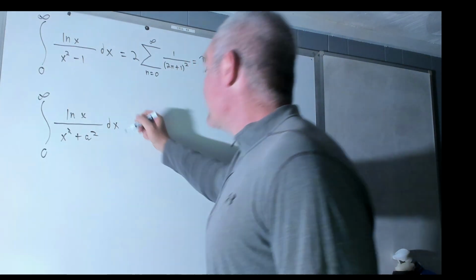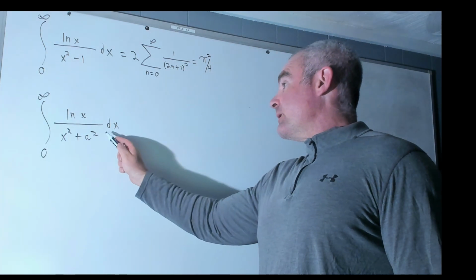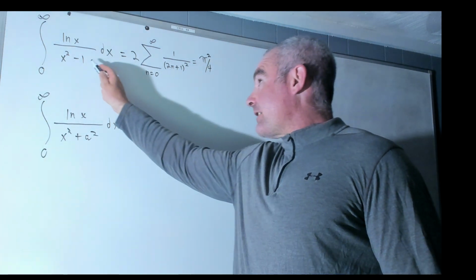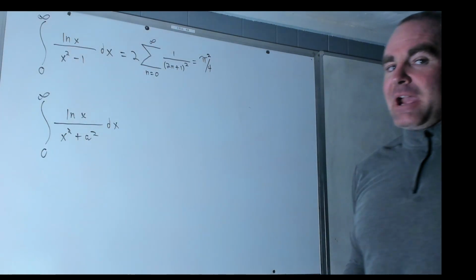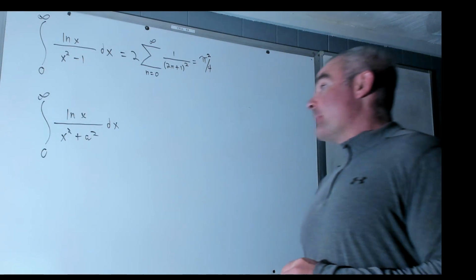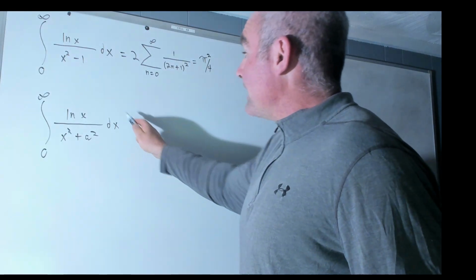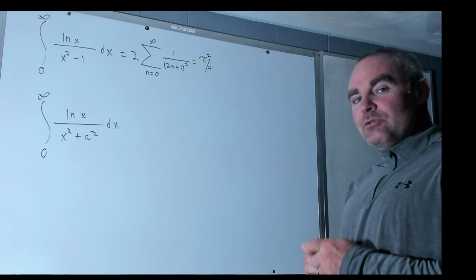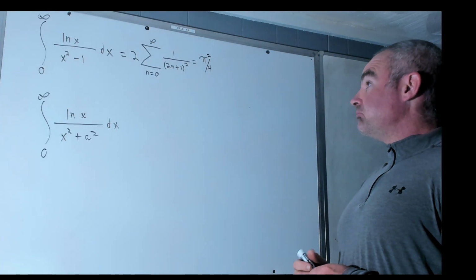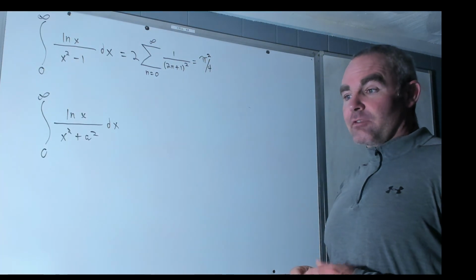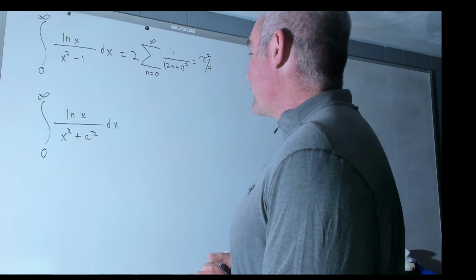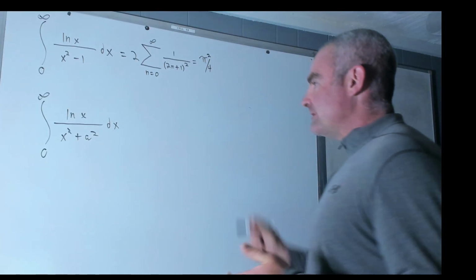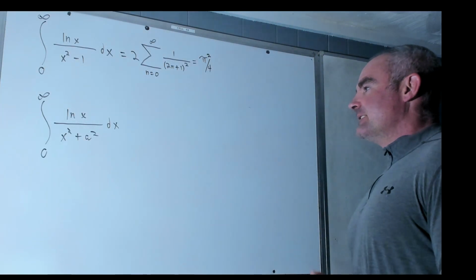Well, what number, when you square it, gives you negative 1? The imaginary unit. Yeah. So if we can find what that is equal to, and then plug in the imaginary unit i, hopefully we get pi squared over 4. So let's see what happens. Well, first of all, we can't just integrate that.